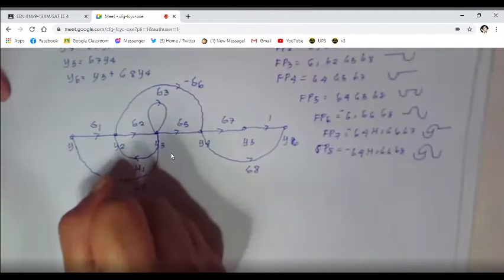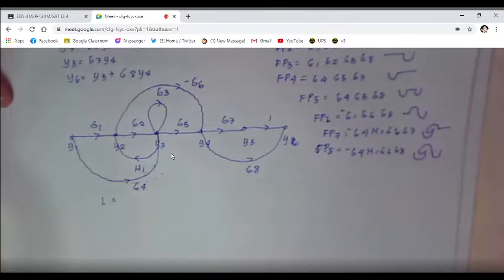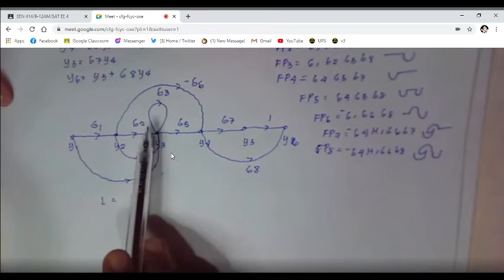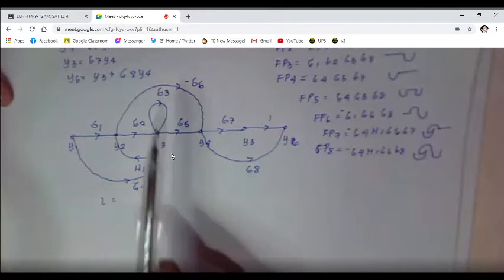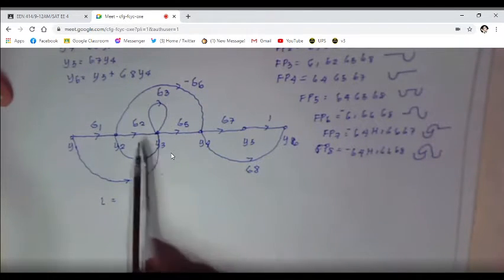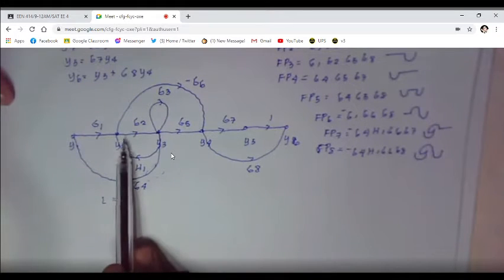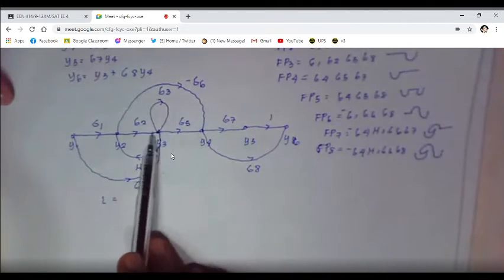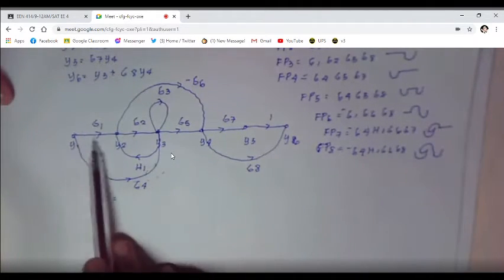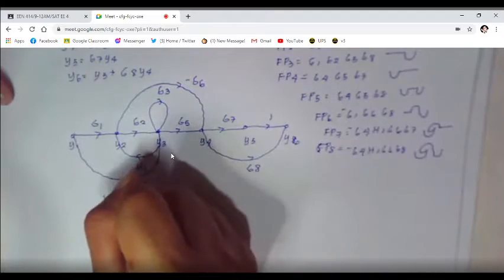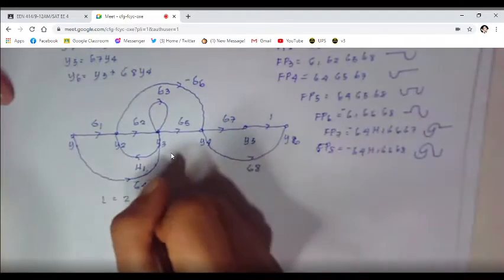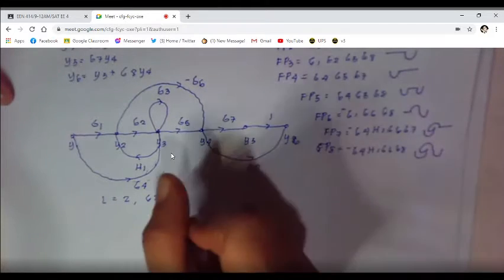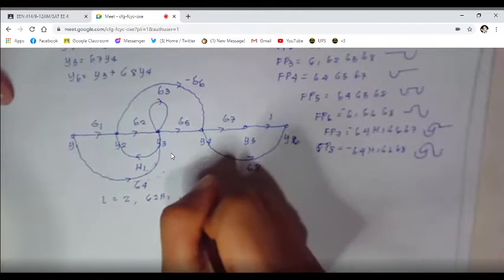Loop. Ilan ang loop? Close loop. 1, 2. Meron pa ba? Okay. Oh, yan. Tapos ito. Ito hindi pwede. Ito rin hindi pwede. Ito hindi pwede. Dalawa lang ang loop natin. And that is G2, H1, at saka G3.